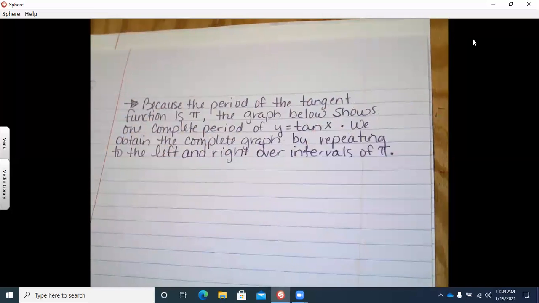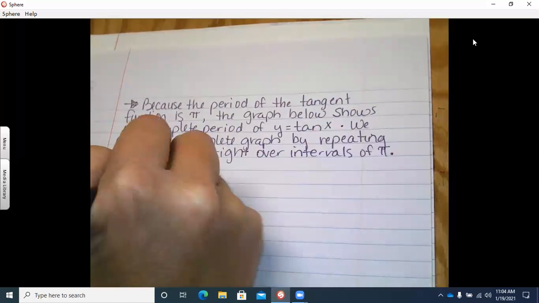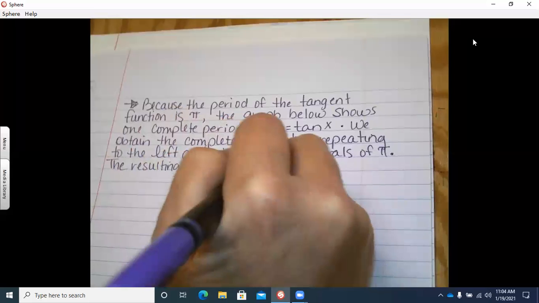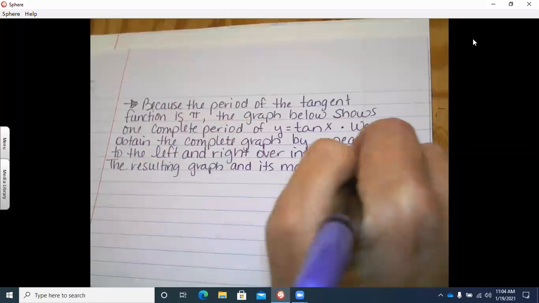The resulting graph and its main characteristics are shown below.